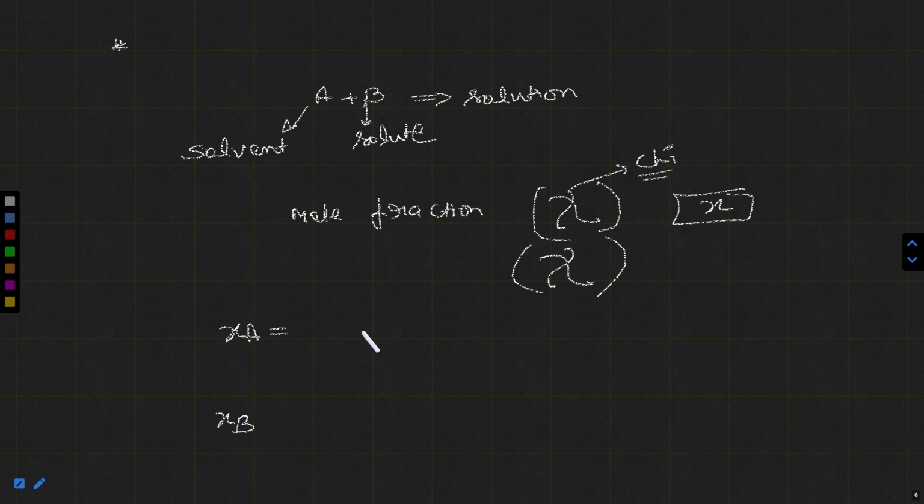Fraction means for whichever component you are asking, you have to put it in the numerator. That means you write number of moles of A, n_A, divided by total number of moles, or you can say number of moles of A plus number of moles of B.